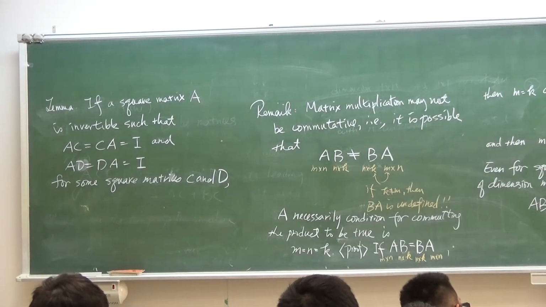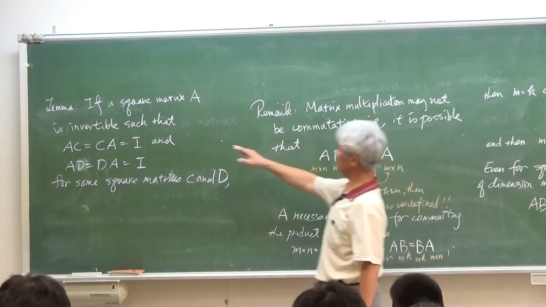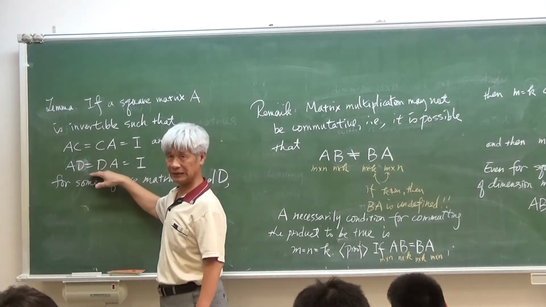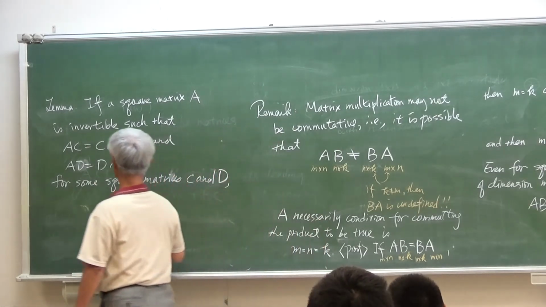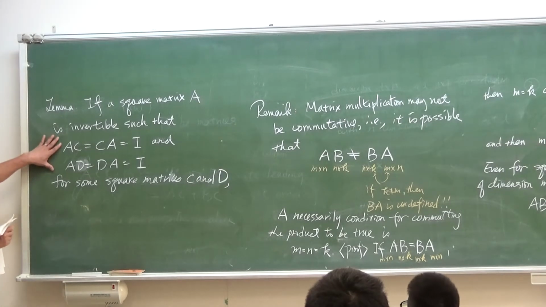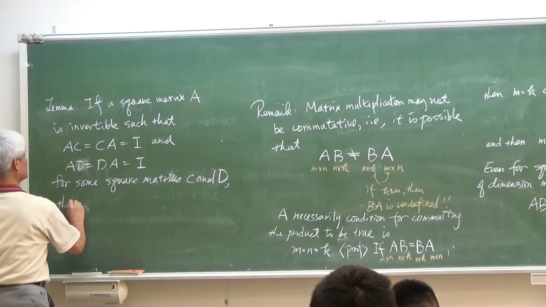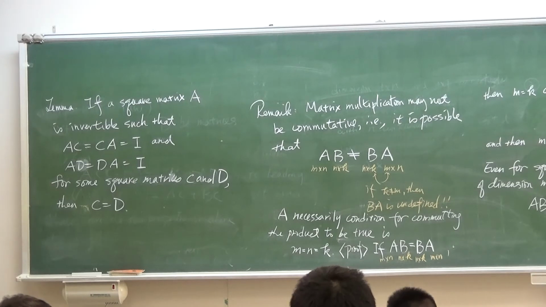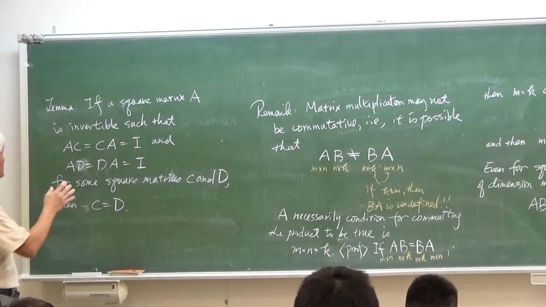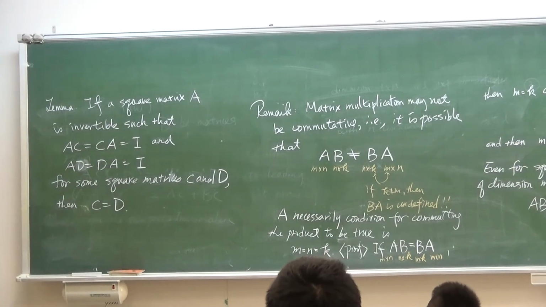The next question is, if we find one, can we find another one? If we find a C, can we find another D which is different from C? The lemma says that in this situation, C equals D. It means there are no others. If there exists a matrix C satisfying these identities, then such a C is unique.